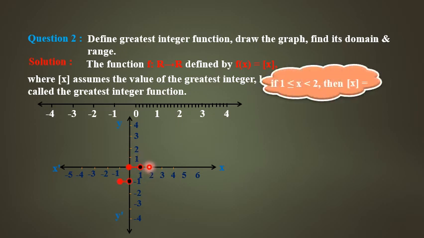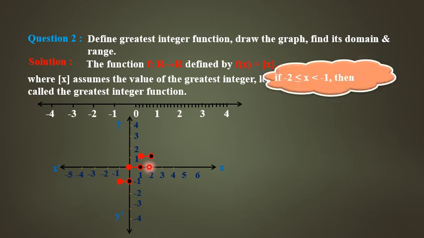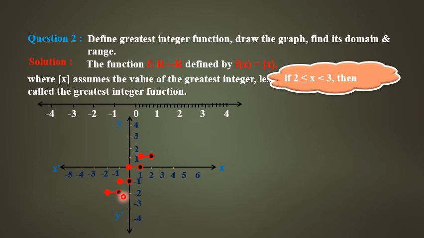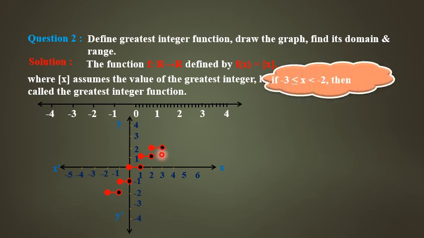Minus 1 to 0, then it will be minus 1. Again 1 to 2, it will be 1. Here it will come. Again similarly continue. Minus 2 to minus 1, so it will be again minus 2. If I take 2 to 3, any number in between 2 and 3, you get it as 2 only, correct? So the graph will be a straight line here.